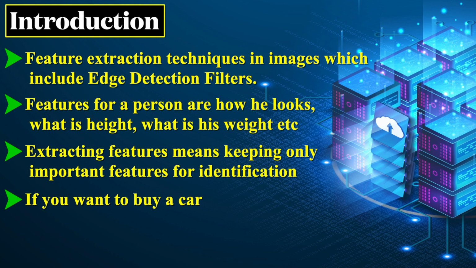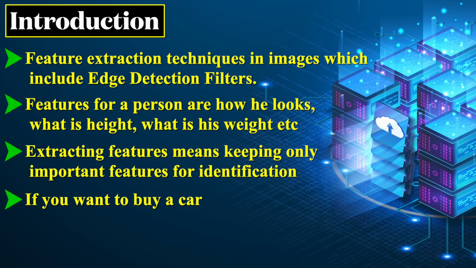There are many things that all need to be decided. These things are the features of the car. In technical terms we say specifications, but in image processing we say features.